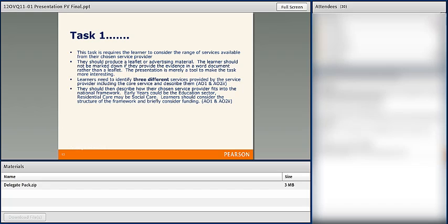It does become difficult, and we do appreciate that the national framework is a bit of a nightmare, particularly when you're thinking about the health service, which changes so regularly. So what we're looking for here is some sort of general understanding that there is a framework, a structure within which their chosen service provider fits.